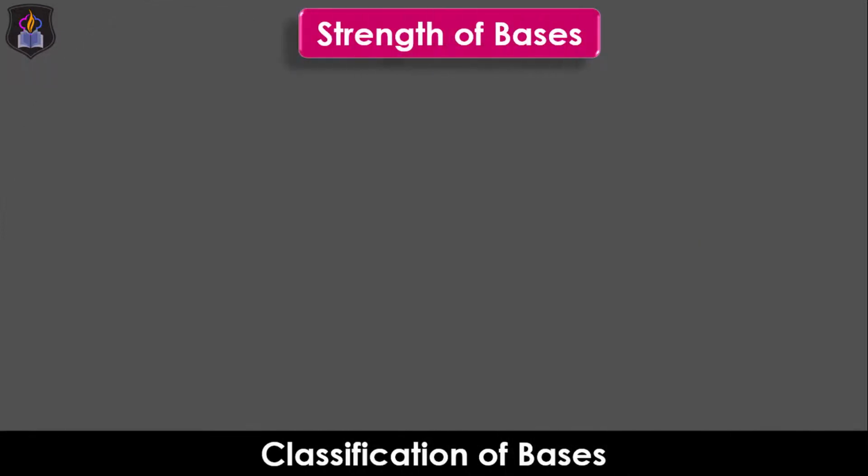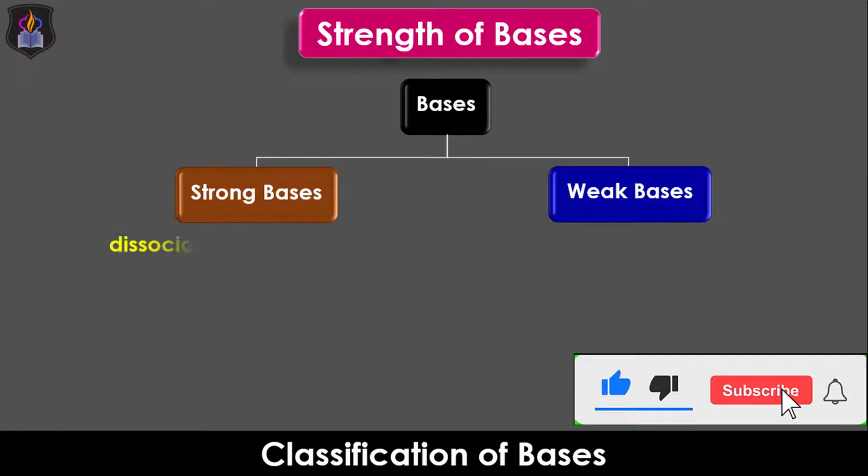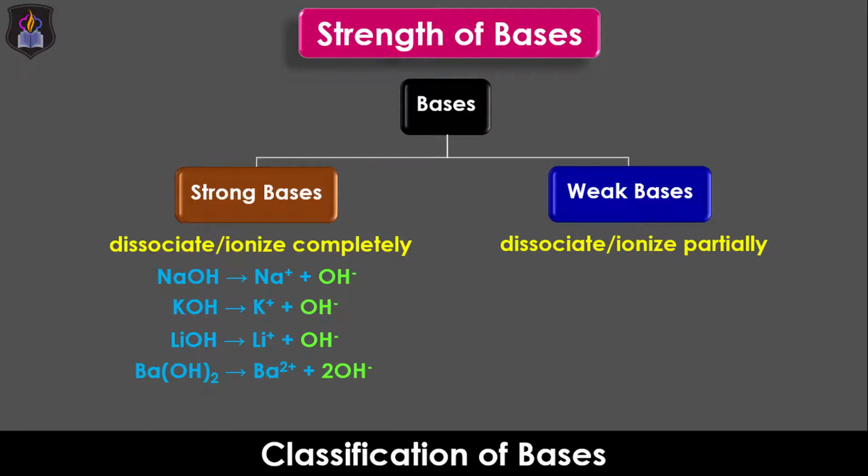Just like acids, bases can be classified in terms of their strength into strong and weak bases. Strong bases dissociate completely in water, while weak bases dissociate partially in water. Sodium hydroxide, potassium hydroxide, lithium hydroxide, and barium hydroxide are some examples of strong bases and are also said to be strong alkalis.